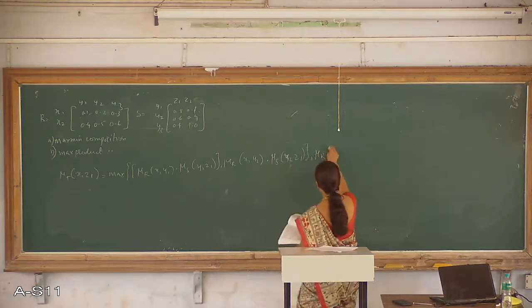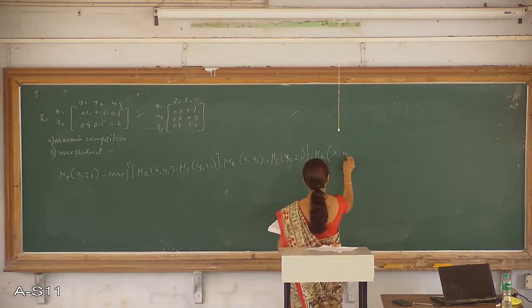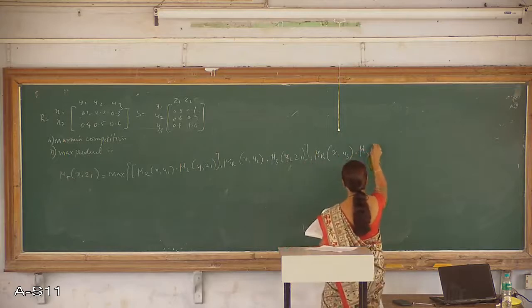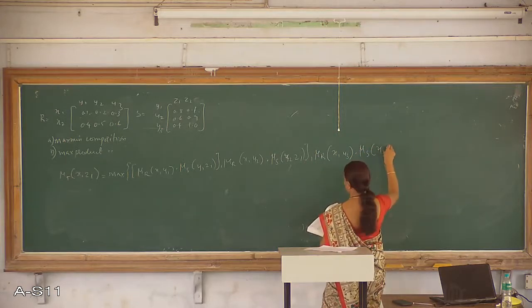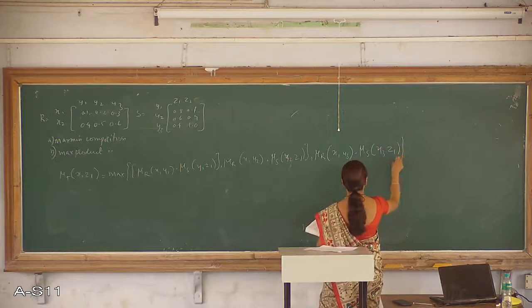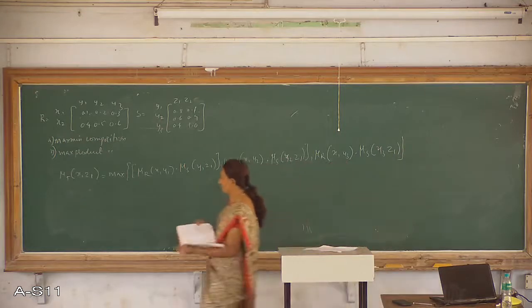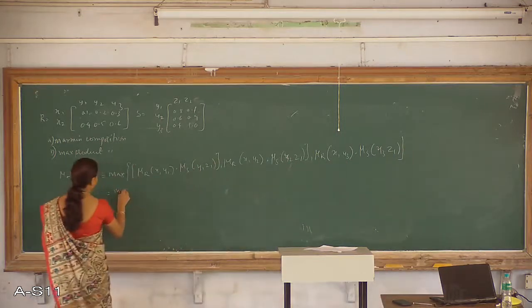Now I have three, so I should have x1 y3 dot product of mu s of y3 z1. We need to have the max of this.